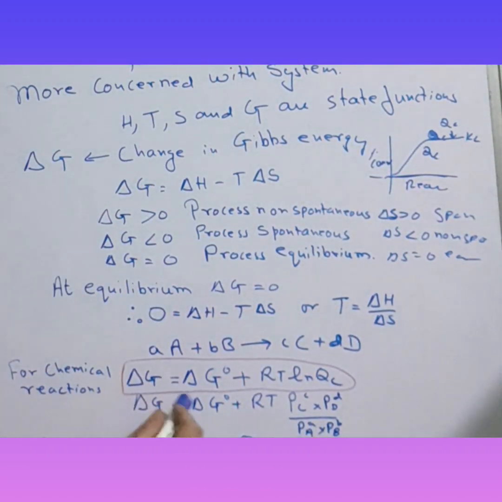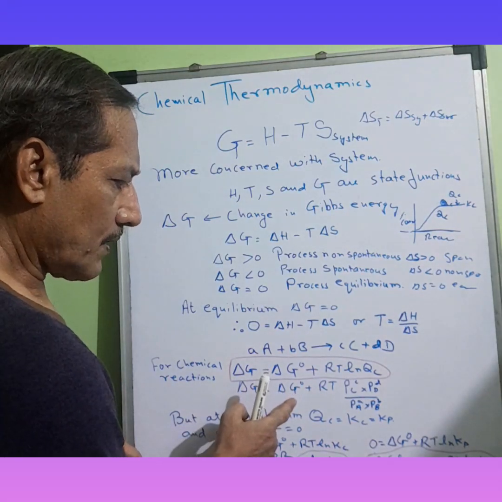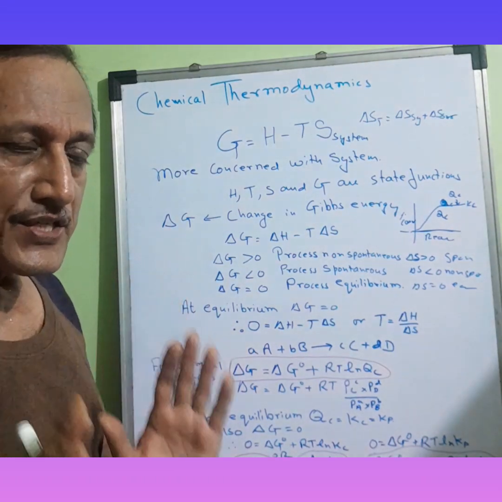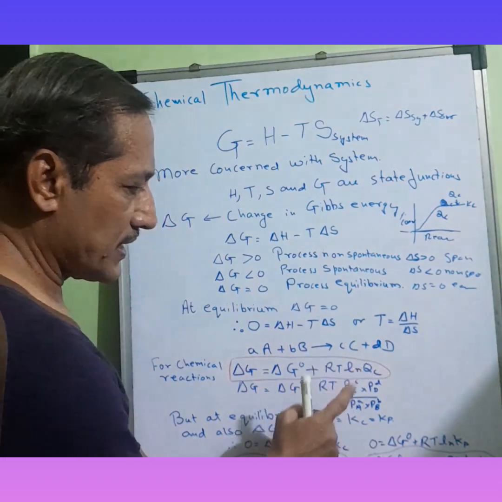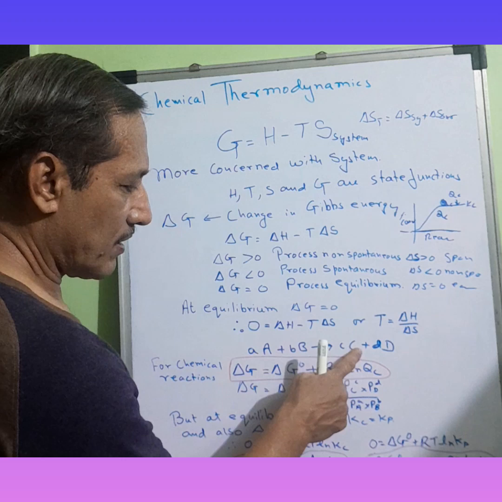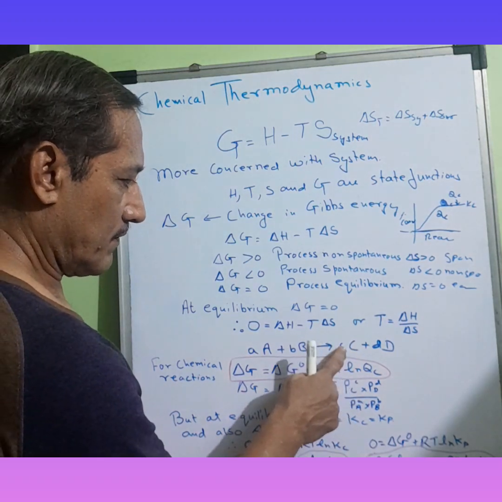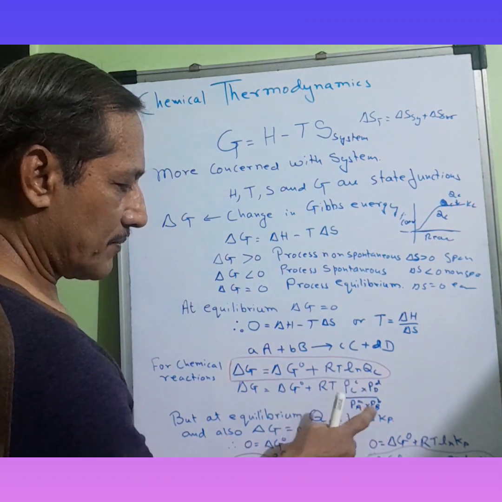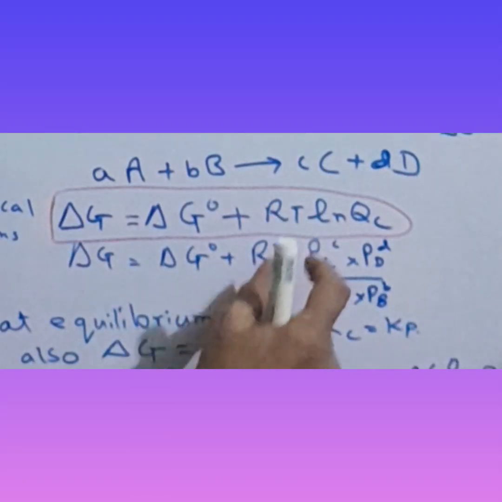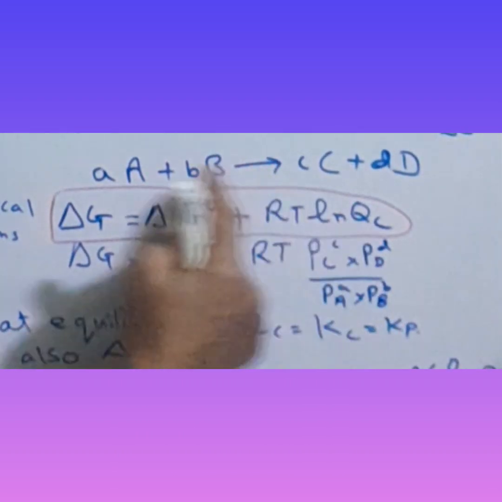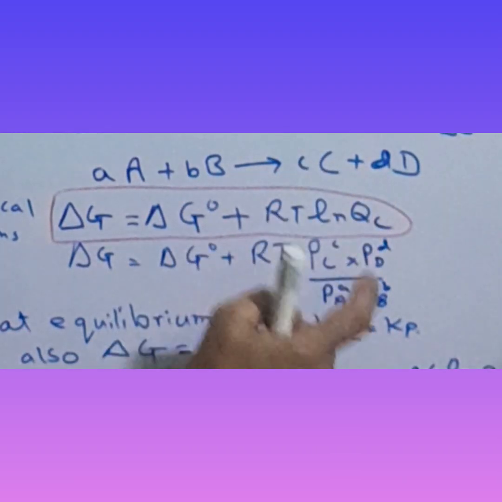So del G is equal to del G0 plus RT ln Qc. Whenever we are dealing with chemical thermodynamics, we are concerned with the gaseous state. So instead of Qc, the concentration, we would talk in terms of pressure of C with its power as stoichiometry, the same way for D, and for A and B. So this is the product of pressures of products divided by the product of pressures of reactants.